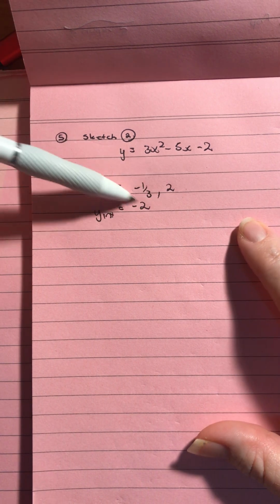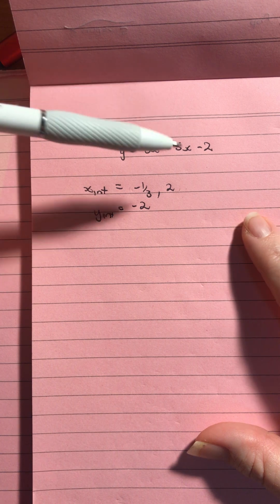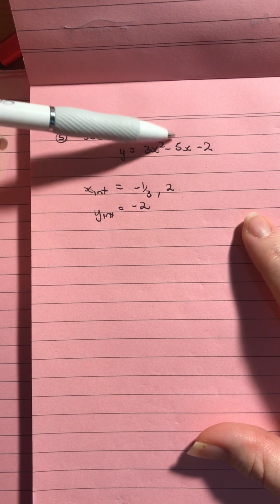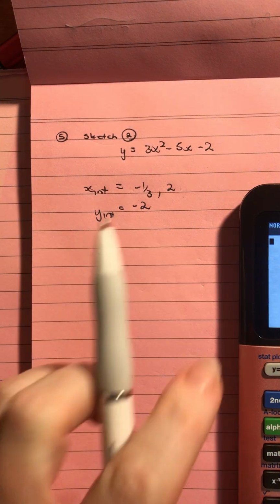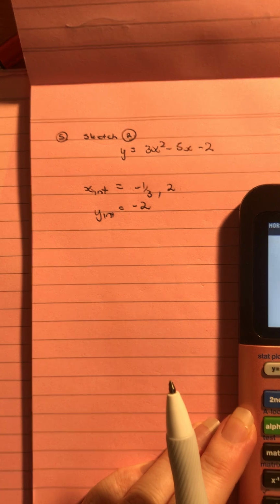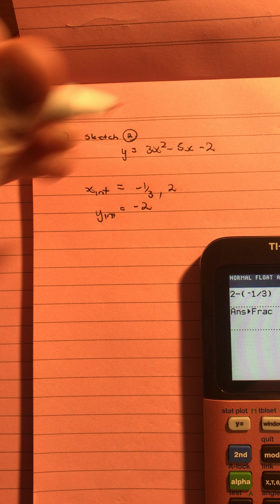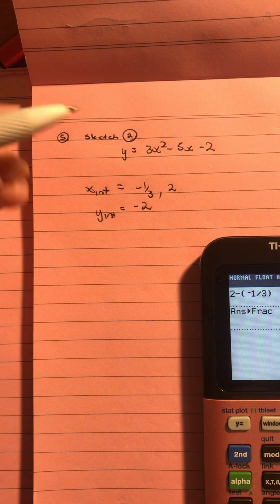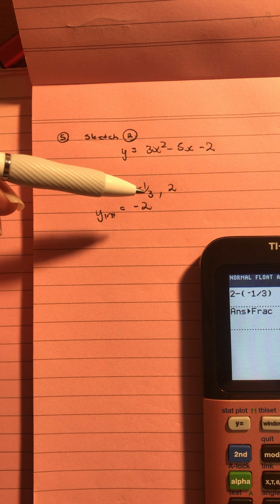We can do that by looking at halfway between those two, or doing negative b on 2a, so that would be 5 on 6. Otherwise we can do 2 take away negative 1/3, and then change that to a fraction and we get 7 on 3. So our halfway point is that 7 on 3.